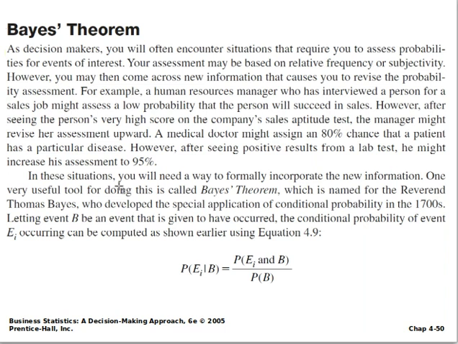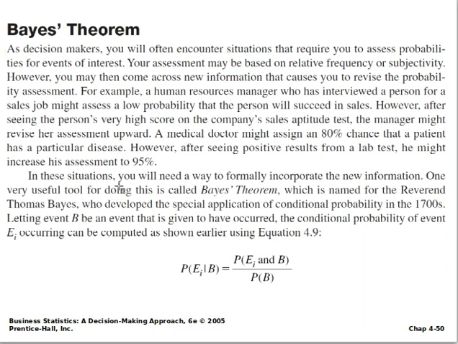For example, a human resources manager who has interviewed a person for a sales job might assess a low probability that the person will succeed in sales. However, after seeing the person's very high score on the company's sales aptitude test, the manager might revise her assessment upward.